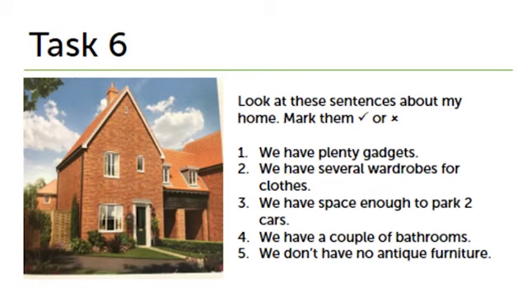Number 3, we have space enough to park 2 cars. Number 4, we have a couple of bathrooms. And number 5, we don't have no antique furniture. A tip, 3 out of the 5 are incorrect. Can you find the 3 with the grammar problem?